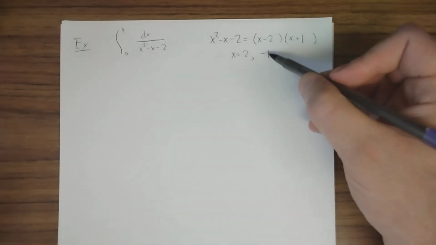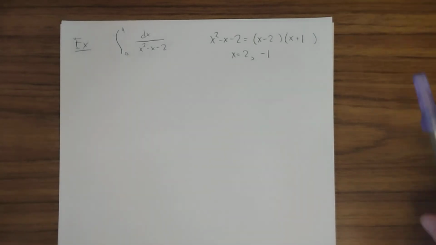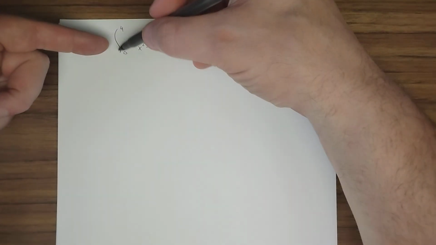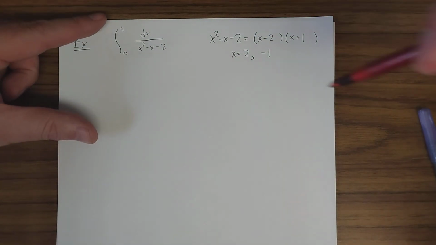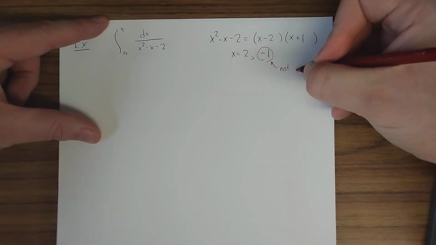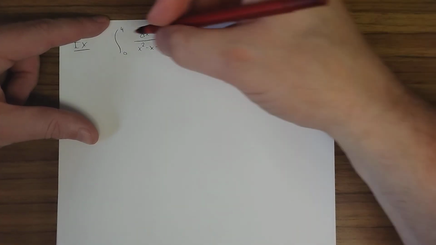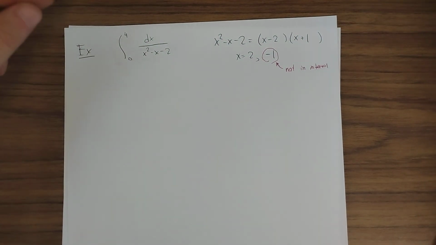So if x is either 2 or negative 1, then I'm dividing by 0. Now, negative 1 is not in my interval, so I'm not worried about that. Two is why this is an improper integral.